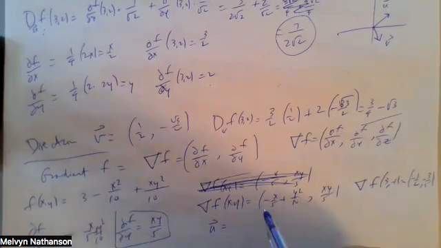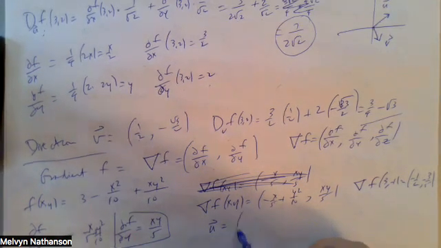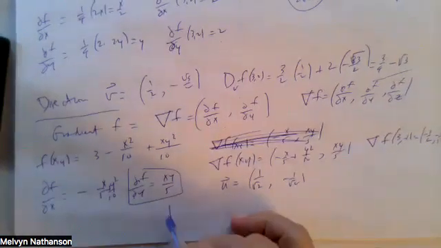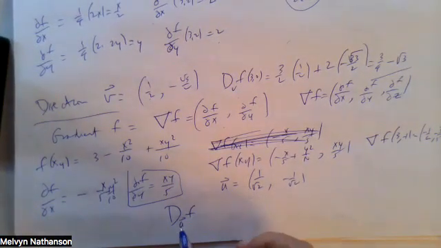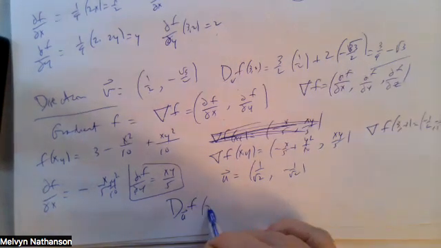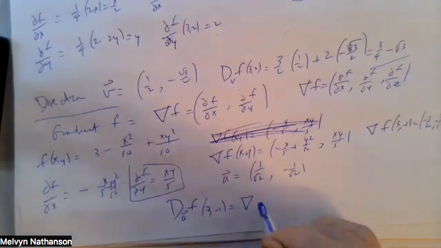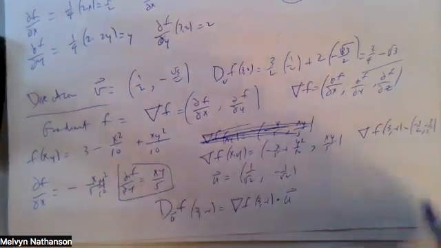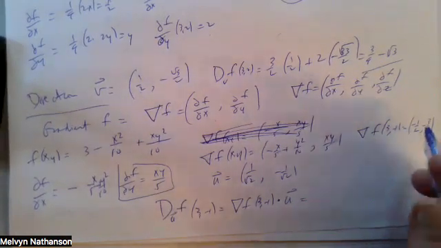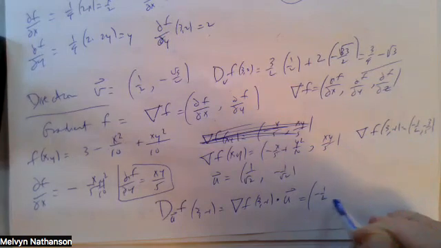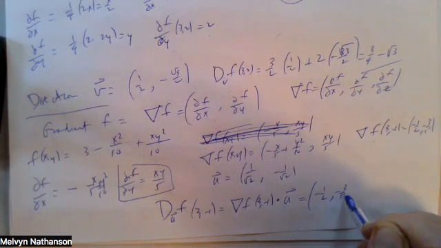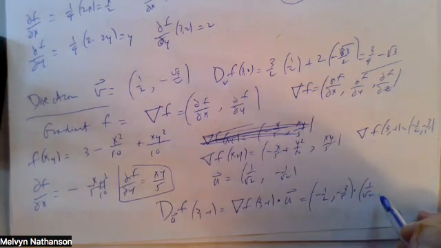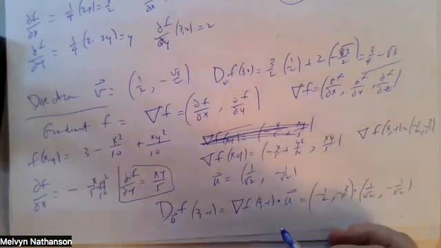And if I take the unit vector u equal to 1 over root 2, minus 1 over root 2, then the directional derivative of f in the direction u at the point 3, minus 1 is the gradient of f at 3, minus 1 dot product with u. That's minus 1/2, minus 3/5 dot product with 1 over root 2, minus 1 over root 2.